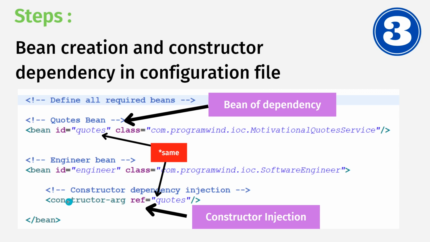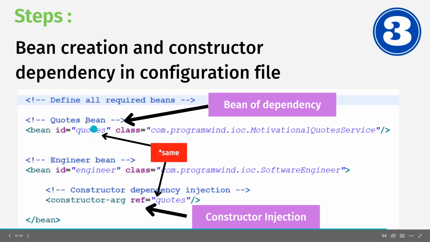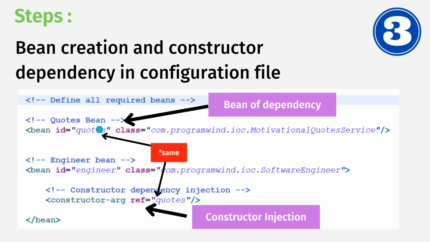What we are saying is that this is a constructor argument and it is referring to this quotes bean id. This quotes is actually having this implementation class, motivational quote service. So now the software engineer's constructor argument will get initialized with what? This motivational quote service object.